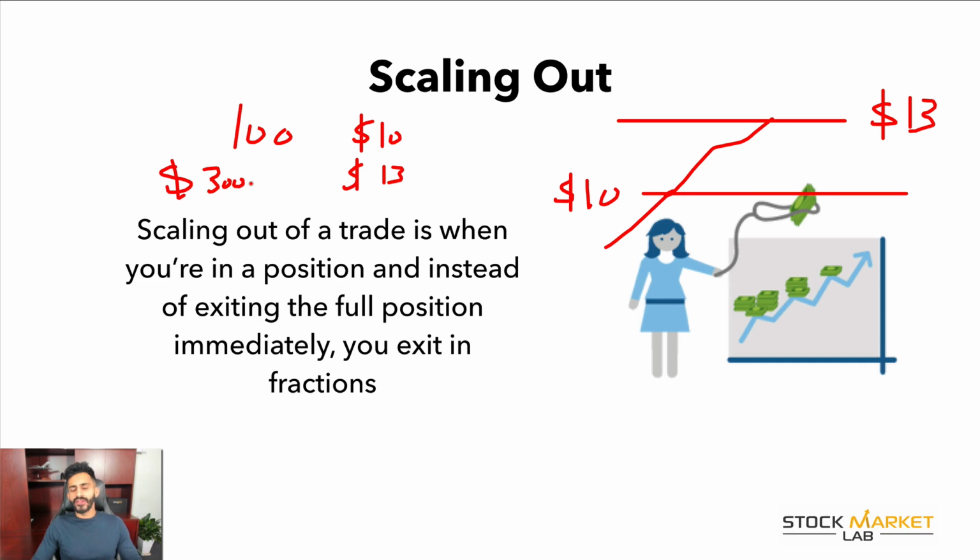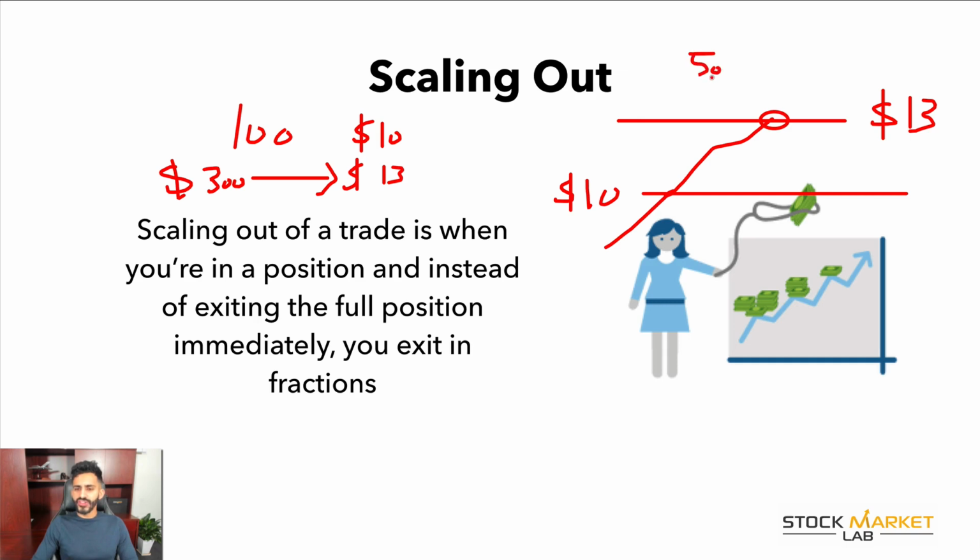Obviously, there's a lot of different ways you can approach this trade, like I showed you in the trade evolution aspect. But one thing you can do at this point is say, you know what? It hit my profit target. I want to sell, but I don't think I want to sell all of it. So I'm going to sell 50 shares here.